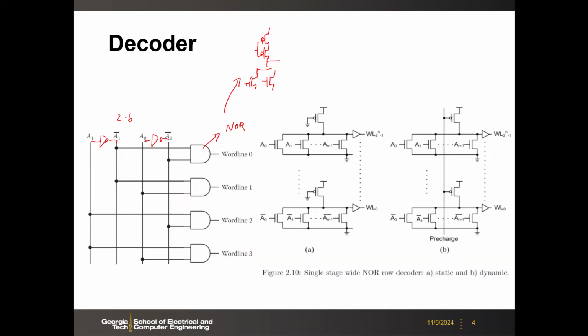For example, this one is with a single PMOS node. Right now we only show 2 bits, but if you have a many-bit decoder, then your pull-down will have many parallel paths, and your pull-up will be quite a few transistors in series.